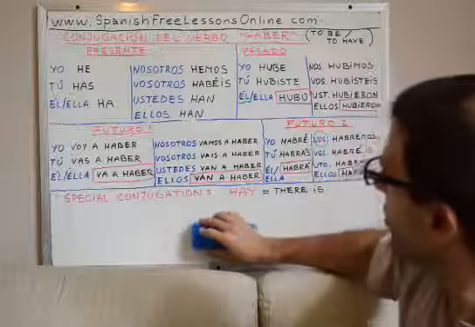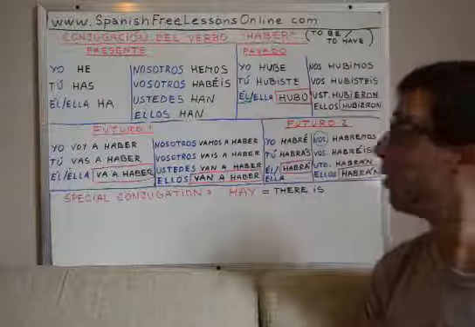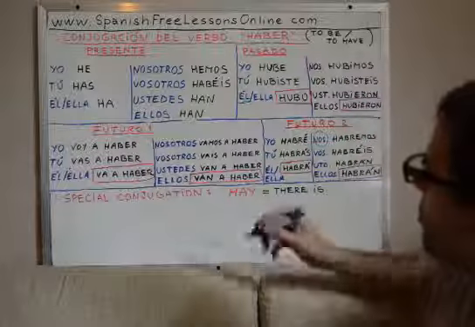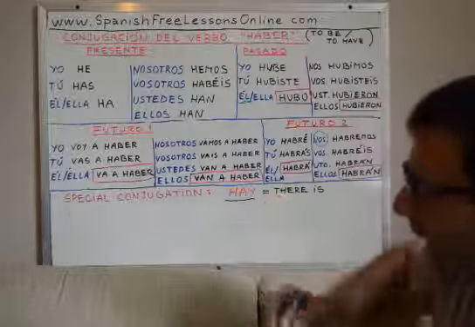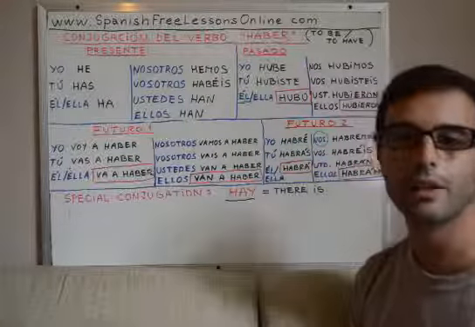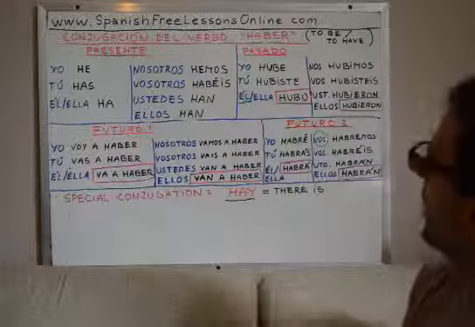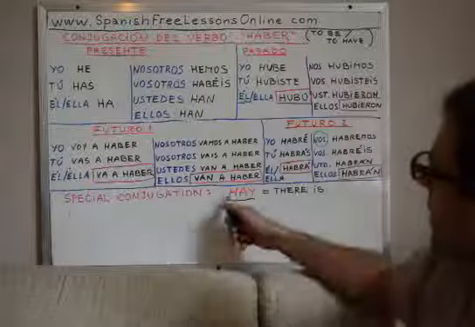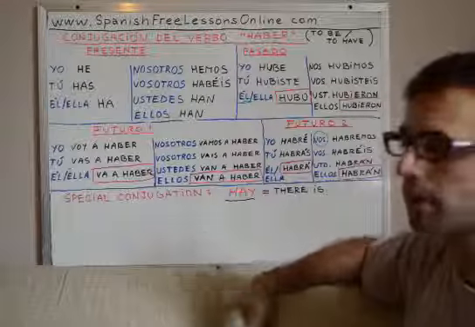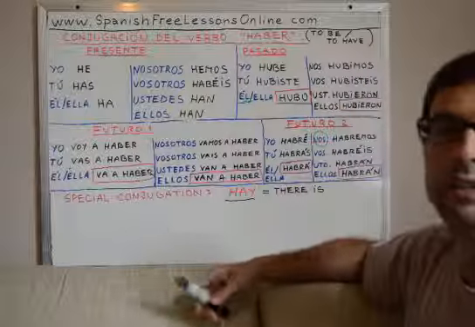And there's one special conjugation, one single word for the verb haber. It's this short word, hay. Hay means there is. You say it hay, just like that. You use it when you say hay algo, there is something. Hay una casa, there is a house.